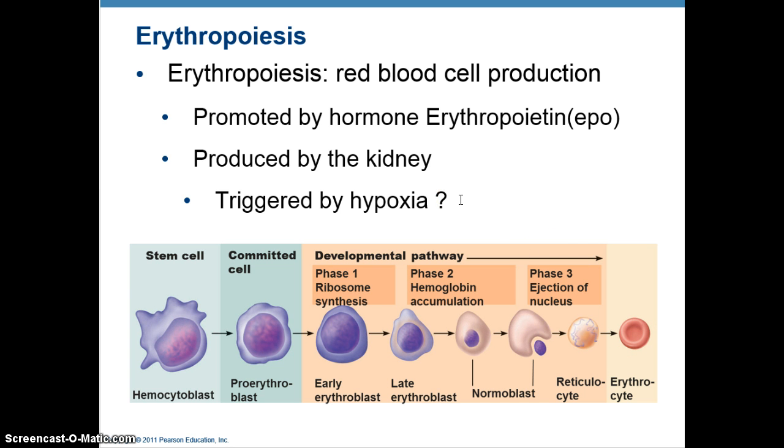The trigger for it is called hypoxia, which we will talk about in more detail later, but this is a lack of oxygen in a given tissue. So when oxygen isn't making it to the kidney, it produces erythropoietin, or EPO. When EPO hits the bone marrow, it causes the production of more red blood cells.